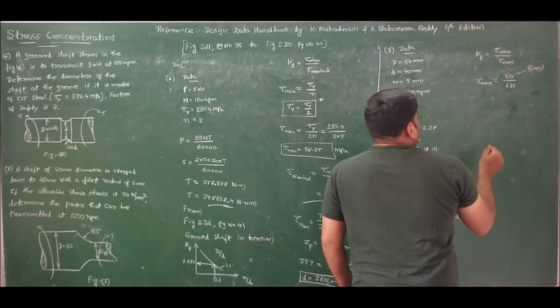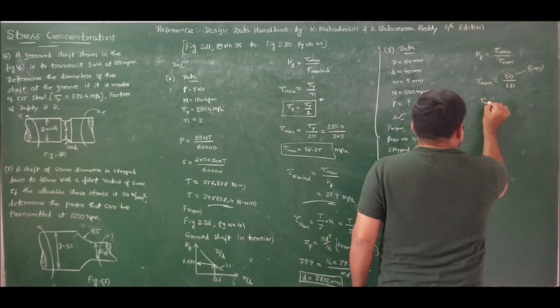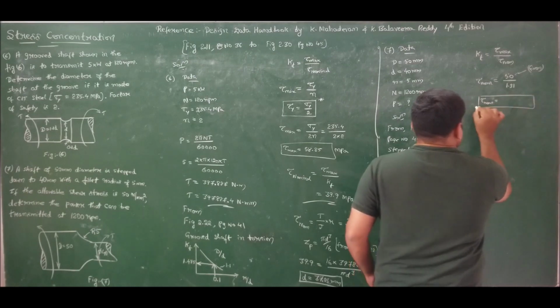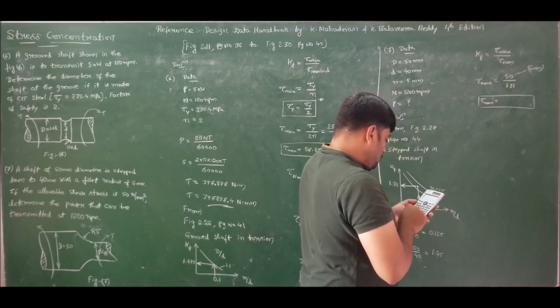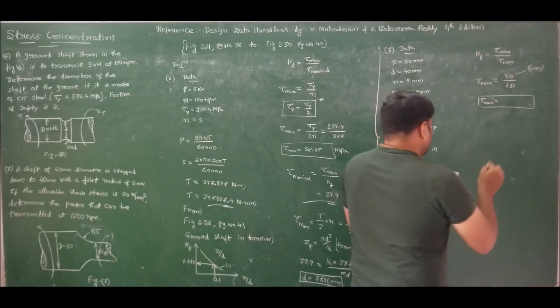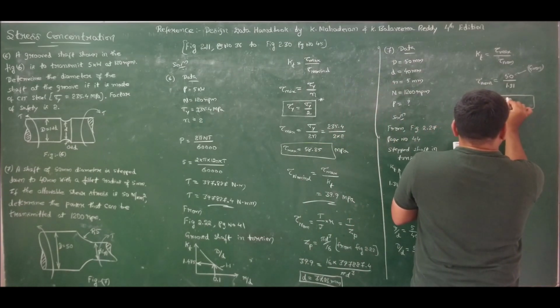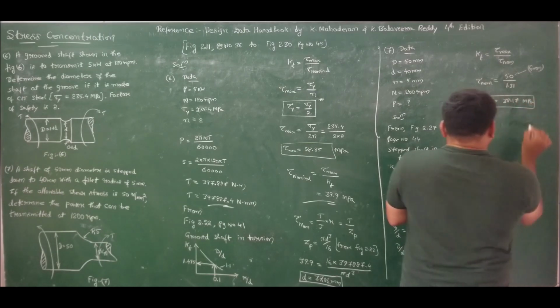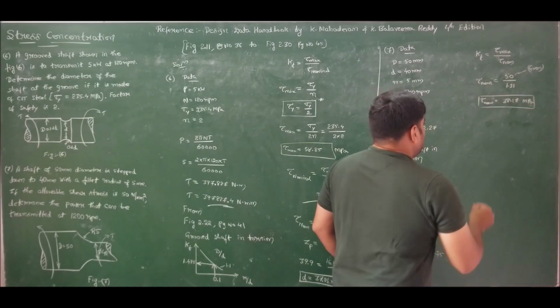Hence I will get tau nominal as 50 divided by 1.31, which is 38.17 megapascals.